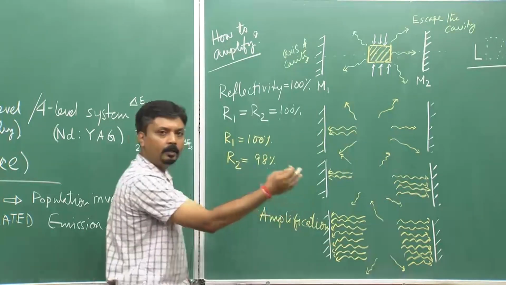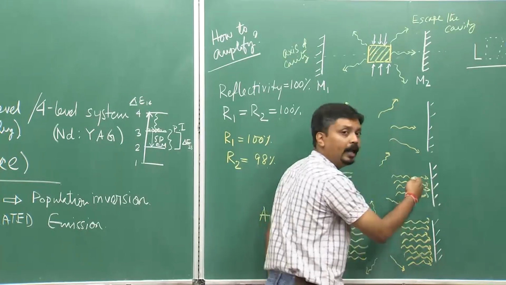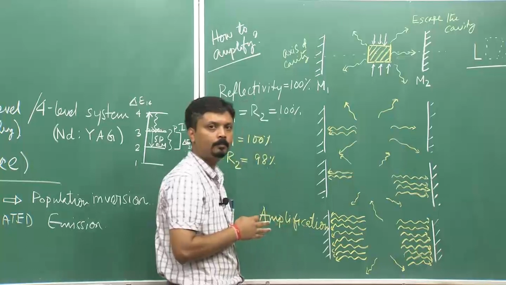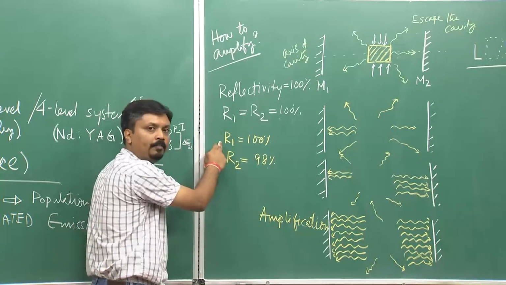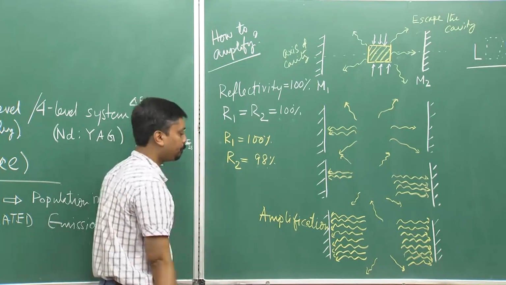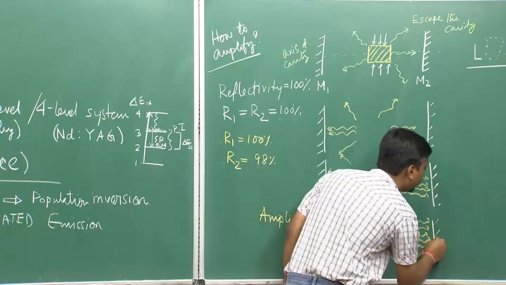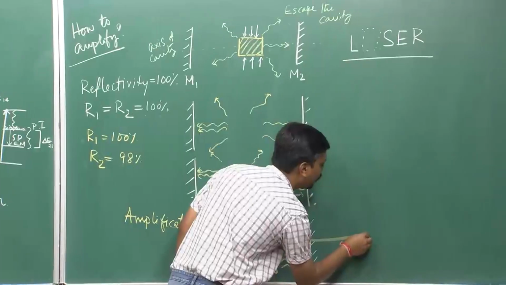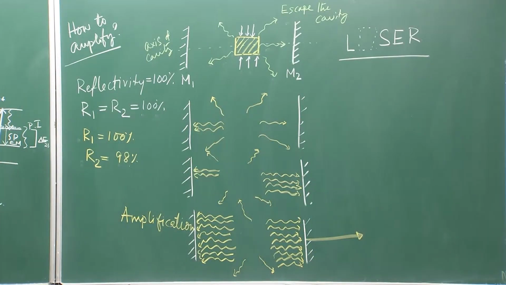So, every time it bounces off this mirror, 2% of that light will go out. That is what it means. So, this one is completely reflective and this one is partially transmissive. Okay. So, once I have that, I can have an output, all right.